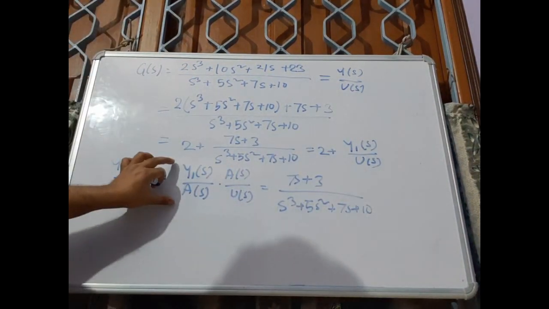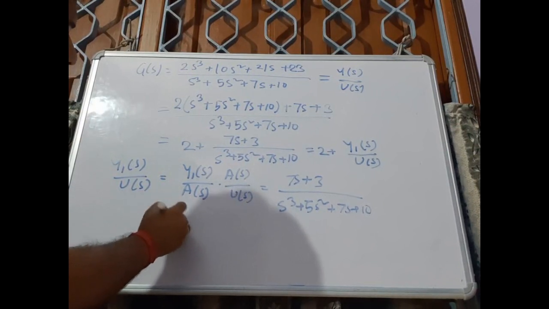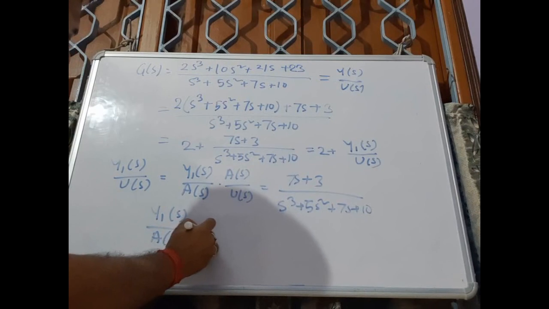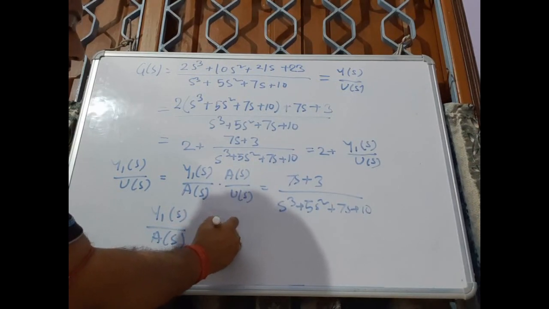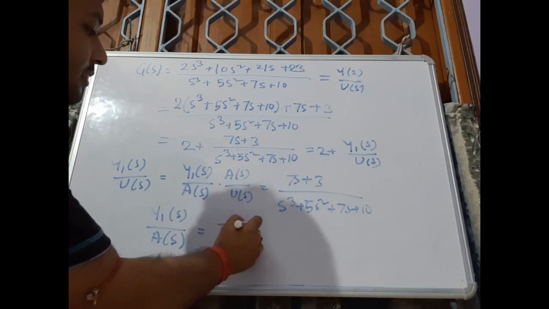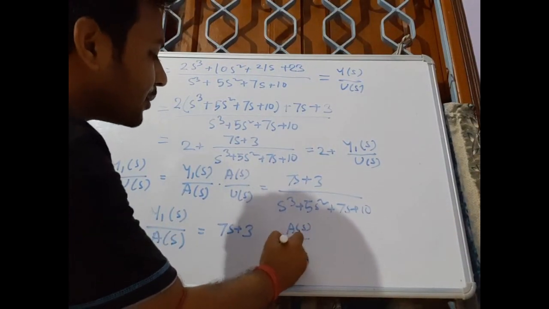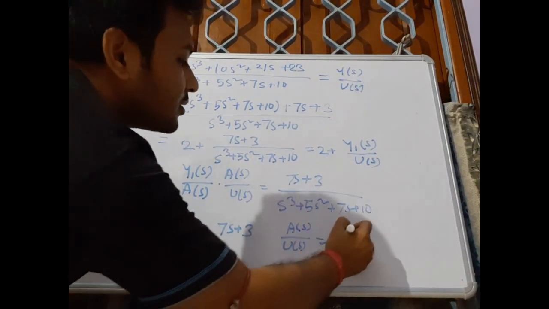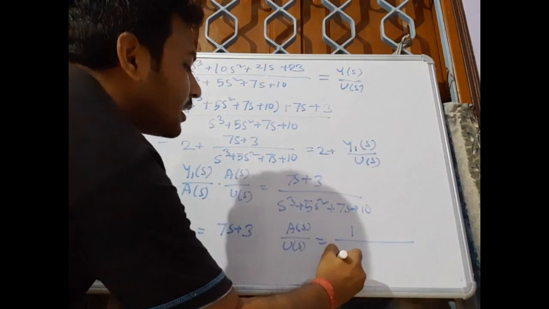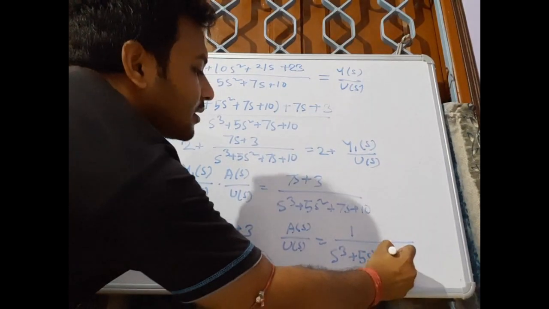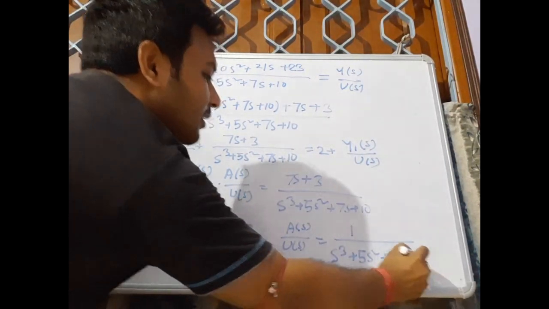Now Y1(s) by A(s) is equal to 7s plus 3, and A(s) divided by U(s) is equal to 1 by s cube plus 5s square plus 7s plus 10.